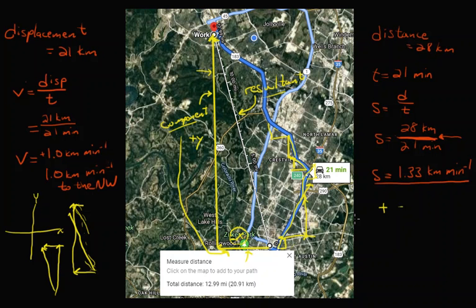If you have to go from position X to position Y, and you have to go over a mountain to get there, you're going to walk a lot farther this way than you're going to end up this way. But this is your displacement, and this is your distance, okay? And the displacement has to have a direction associated with it, one way or the other. Okay, so hopefully that is clear.